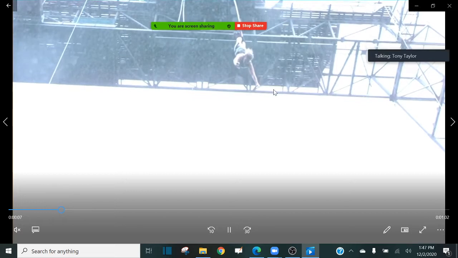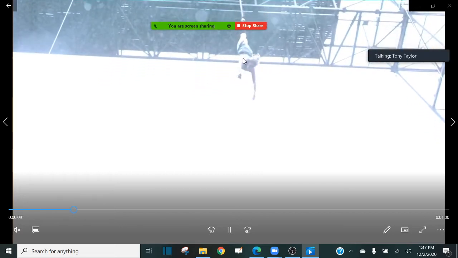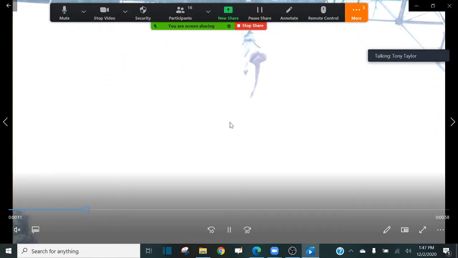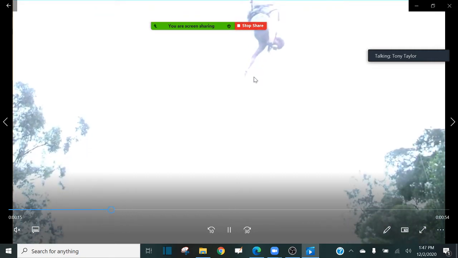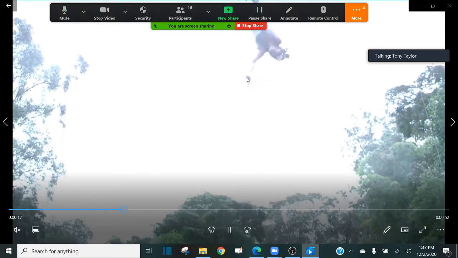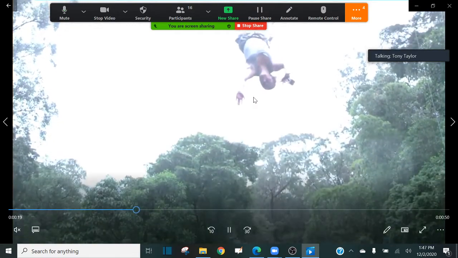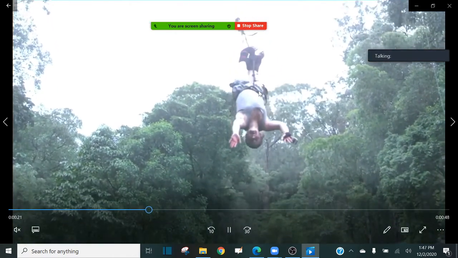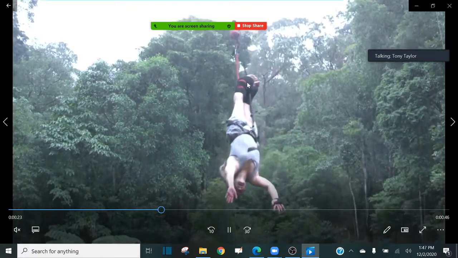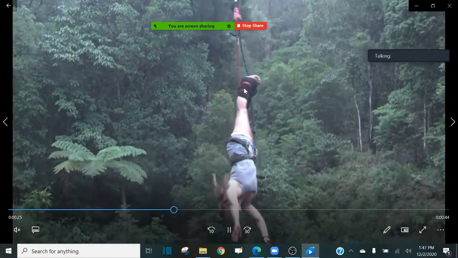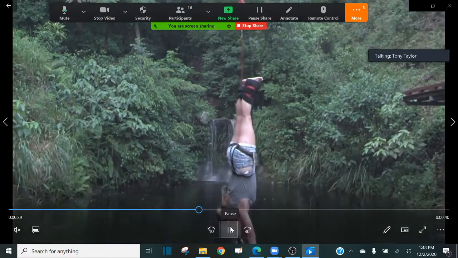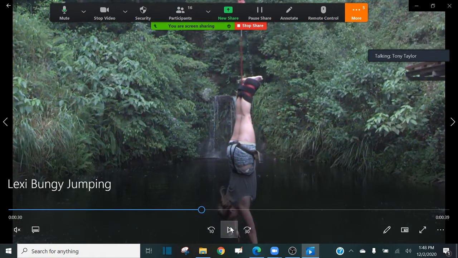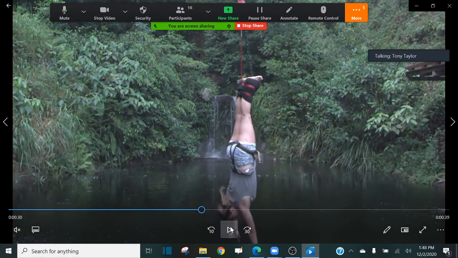So, for instance, in this situation right here, we see Lexi, she's bungee jumping, and here the dominant force acting on her is gravity. So, in this moment here, she's going to be speeding up. Now, as she gets closer and closer to the river, notice there's a rope that she's connected to, and this rope begins to tighten. And as this rope tightens, we've introduced another force here, and that is the force of tension. So let me draw out these forces for you all.